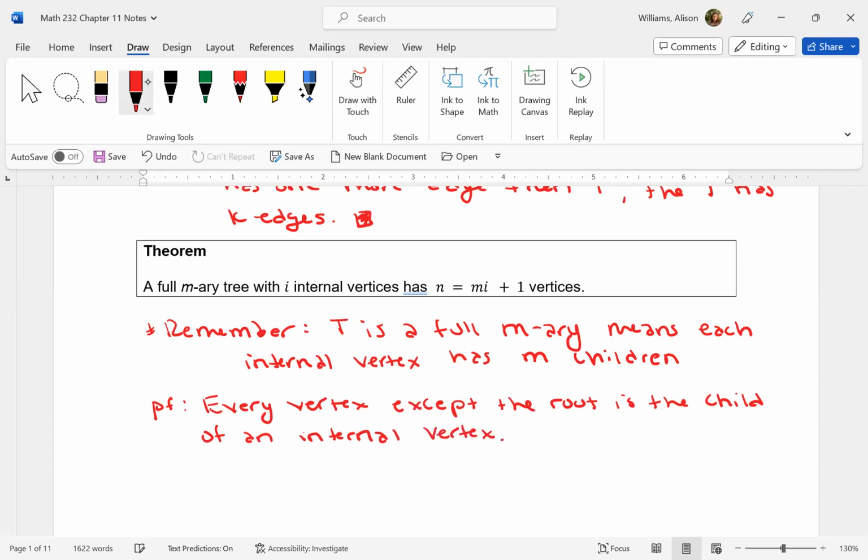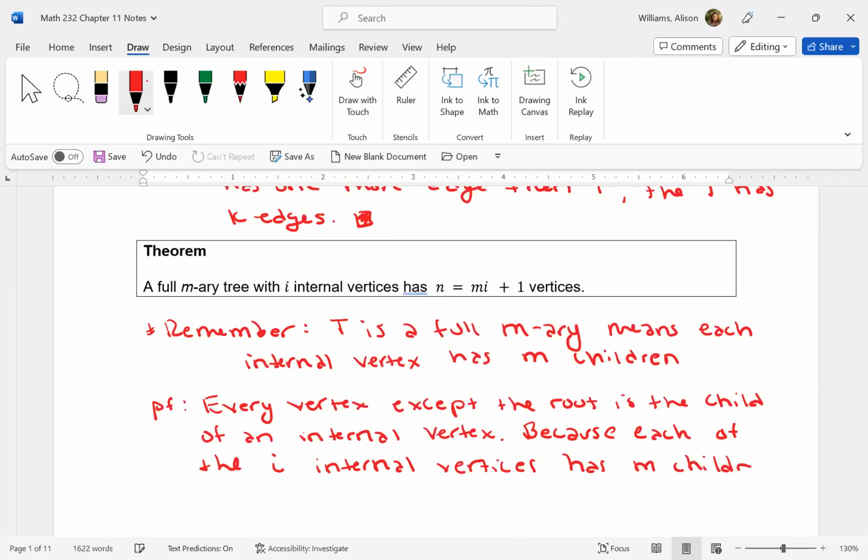Because each of the I internal vertices has M children, there are Mi vertices other than the root.